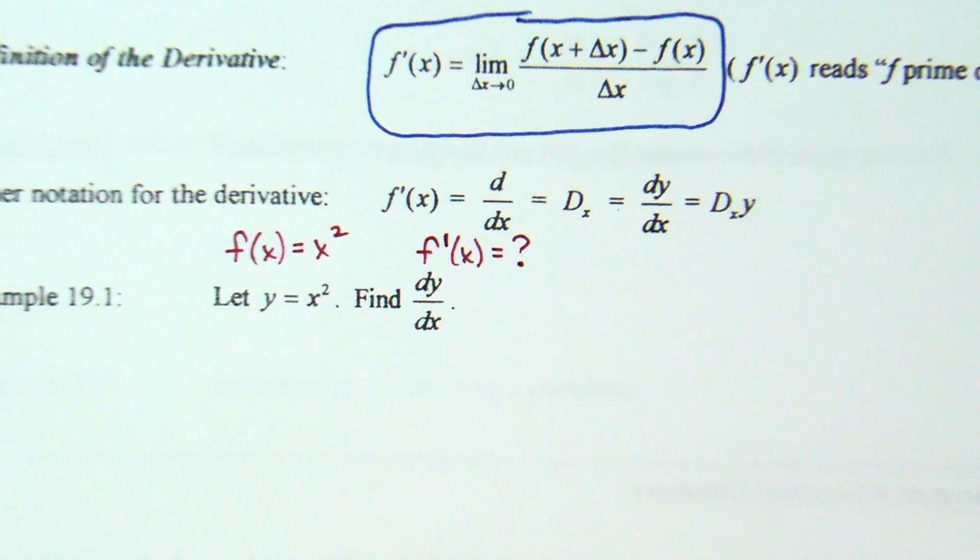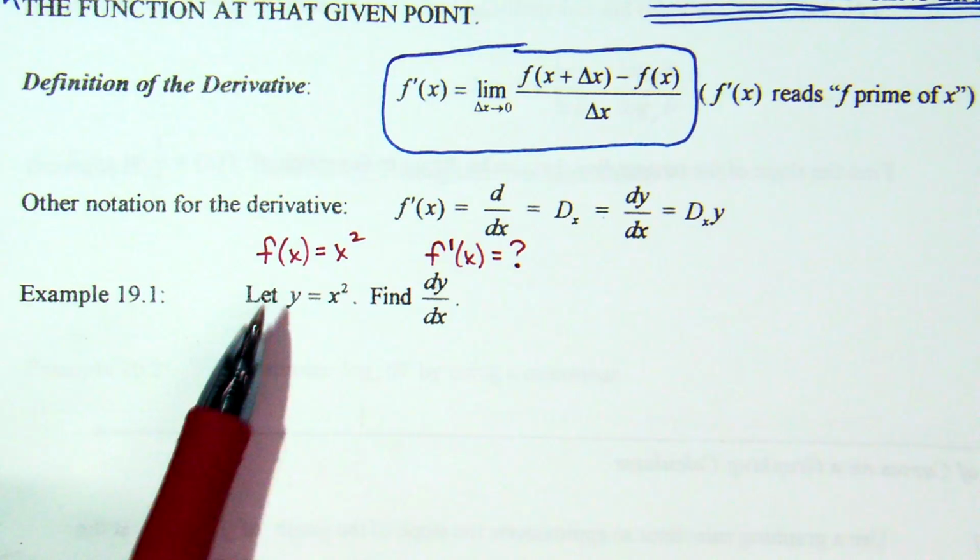And you can also write y prime too. So I will use that at some points too, saying y prime. But we're using the definition of the derivative today. So, if f of x equals x squared, f prime of x. You ready?